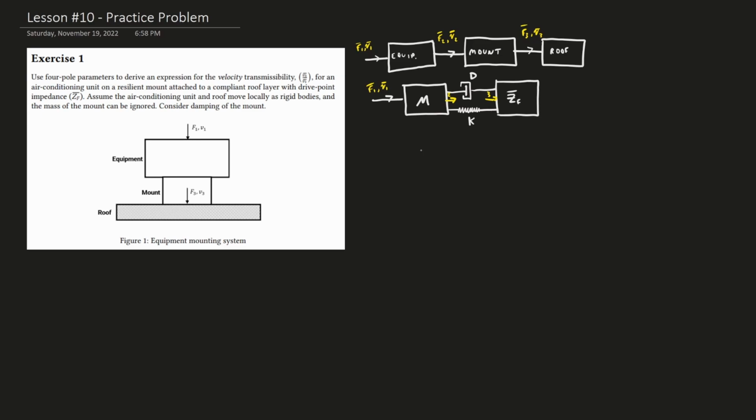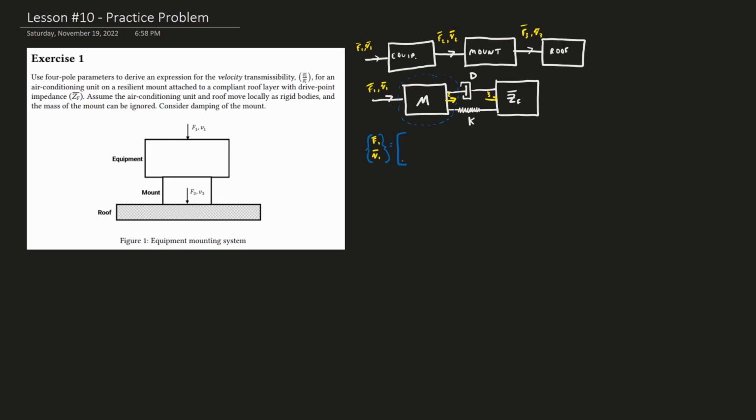So I'm going to start by deriving an expression for the mass, which I'll indicate in blue here. Essentially we'll develop our matrix expression as follows. We'll have our force and velocity vector, and we'll set that equal to some matrix of four-pole parameters.